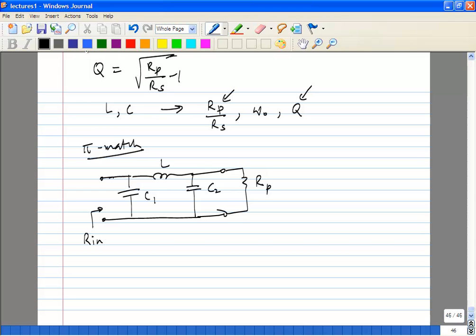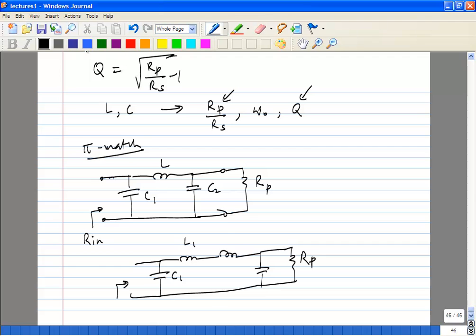Okay, so how do you analyze this circuit? The easiest way to do this is we'll redraw it slightly differently. We'll decompose this inductor into two series inductors, and then we'll see if you can recognize. Let's call it L1, L2, C2.